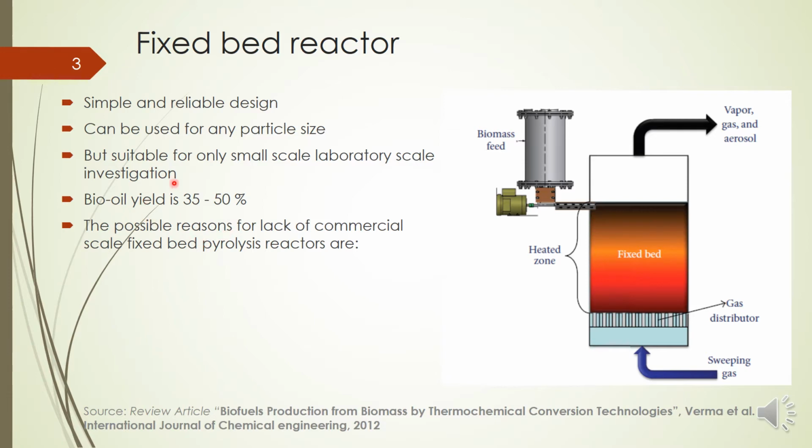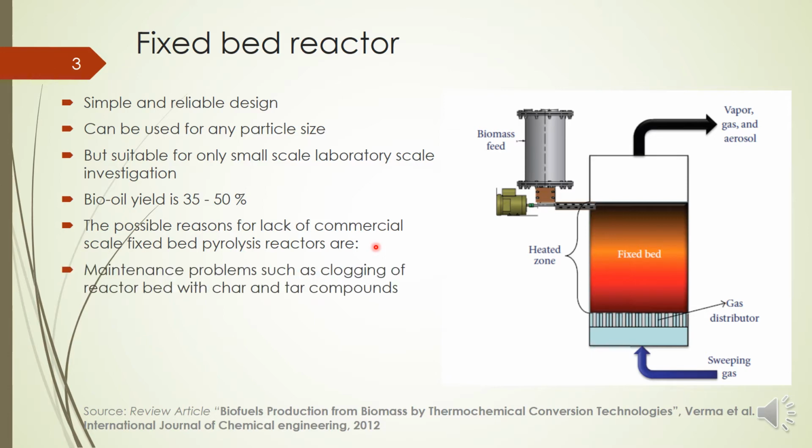And the reasons we are not able to commercialize these fixed bed reactors are the following problems. First, we have a maintenance problem of clogging of the reactor bed with char and tar compounds. Here you can see this is the reactor bed. As we continuously use this type of reactor, this bed will be clogged with char and tar compounds, and there is also an increased resistance to the sweeping gas, since it becomes very difficult to pass the purging gas through.